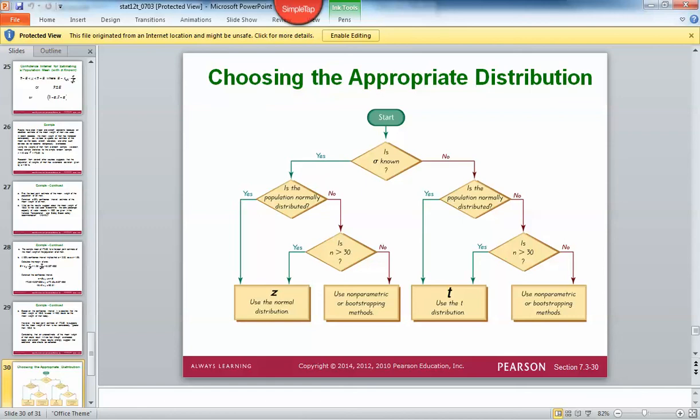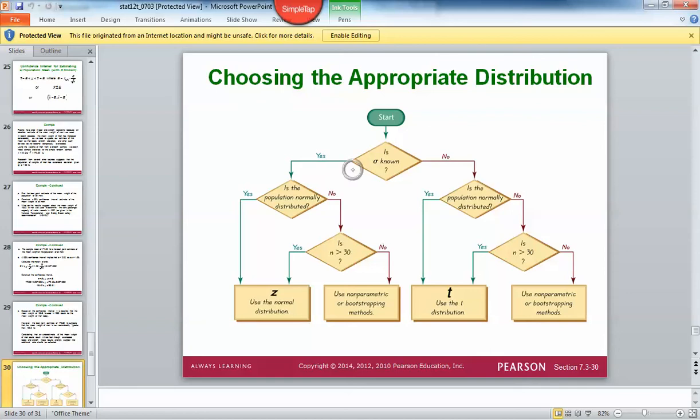Okay, and so for this section, section 7.3, the big question is, do you know the population standard deviation? If you do, then it's a z-score, and so we use the table just like we had before.